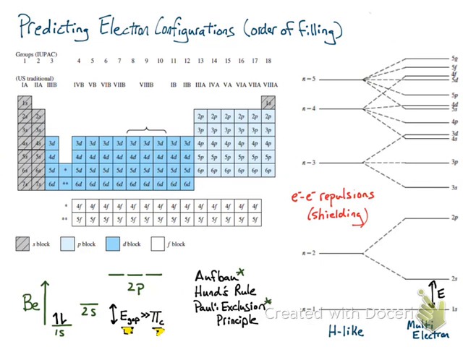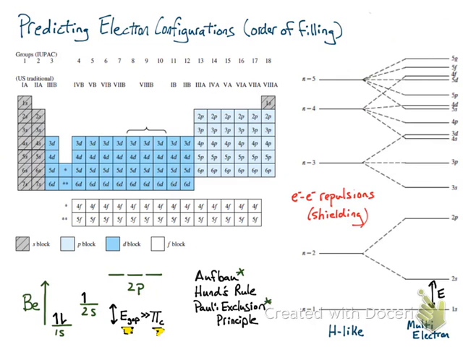And then, of course, we are obeying the Aufbau principle, which requires that we put electrons in to provide the lowest total energy for the atom. And, of course, the Pauli exclusion principle, which requires that we have separate or non-identical quantum numbers for all of the electrons in the atom.